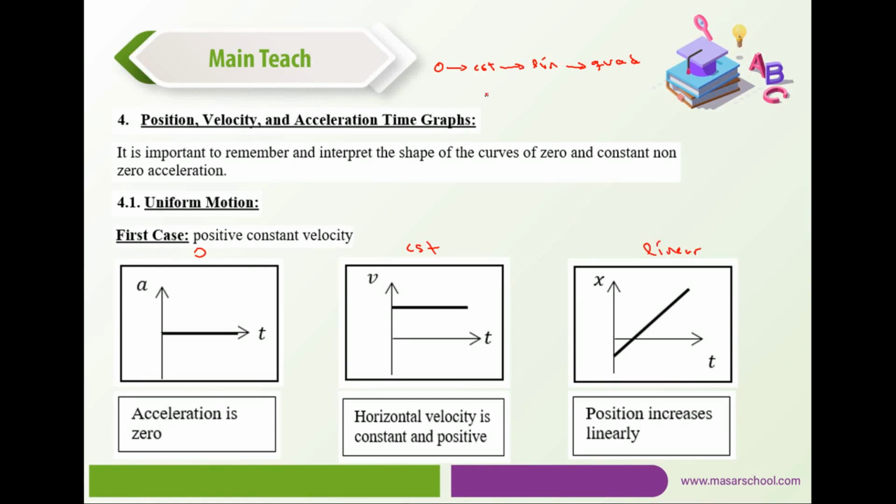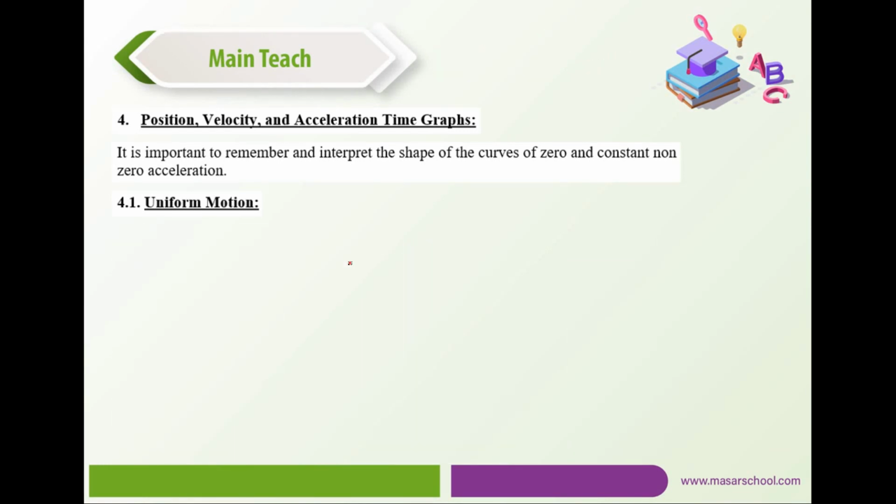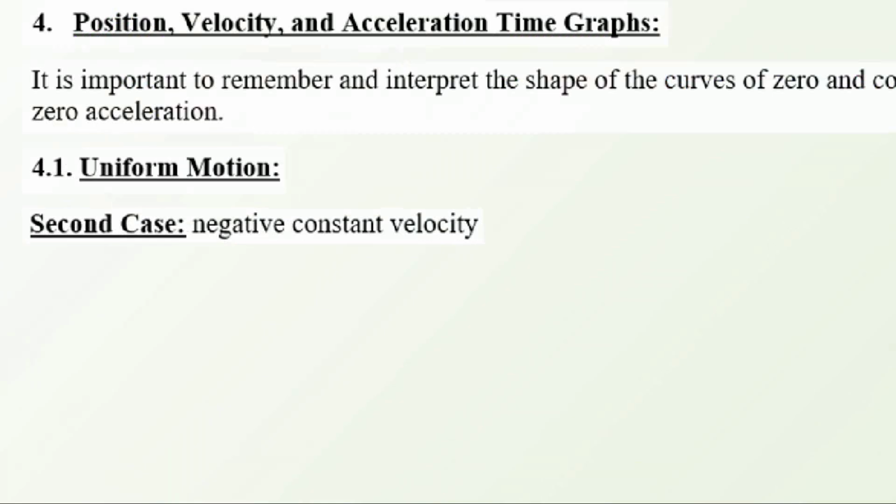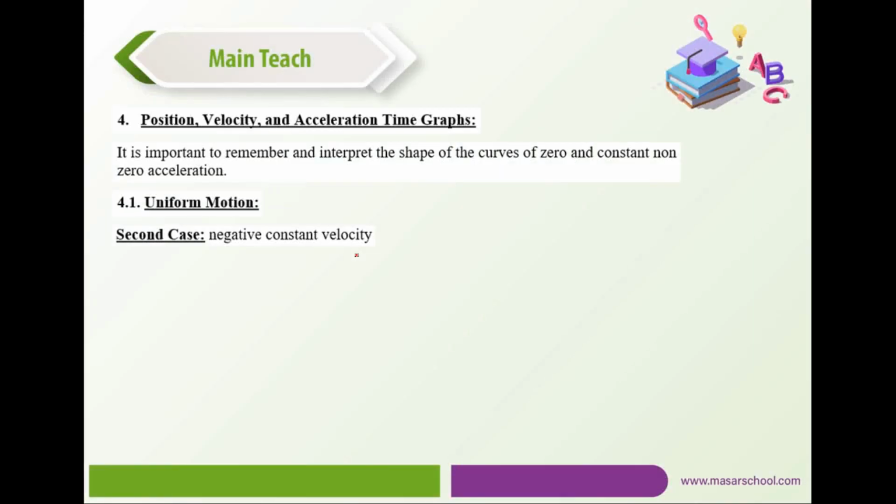So we have moved in this order, which is from A to V to X. Now in the case of negative constant velocity, let me write the order: 0 to constant to linear to quadratic, and we are following the path from A to V to X.